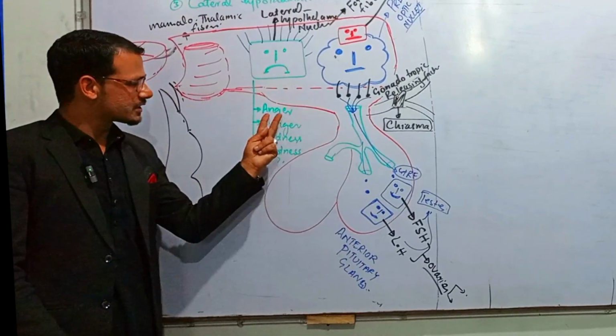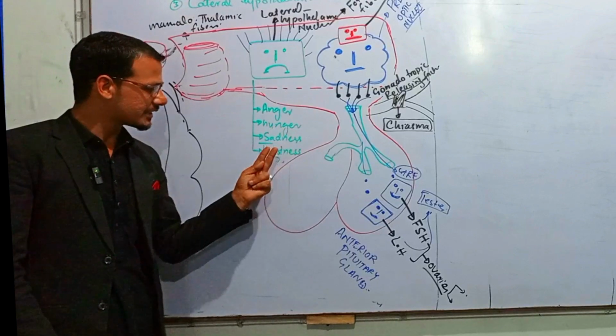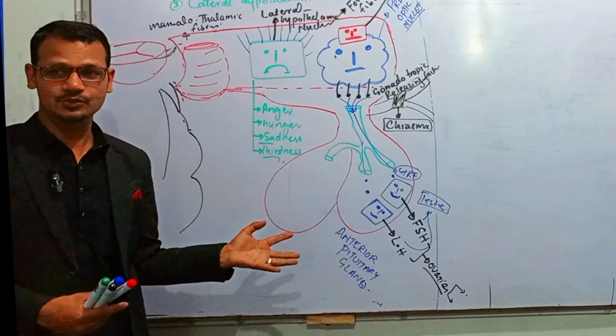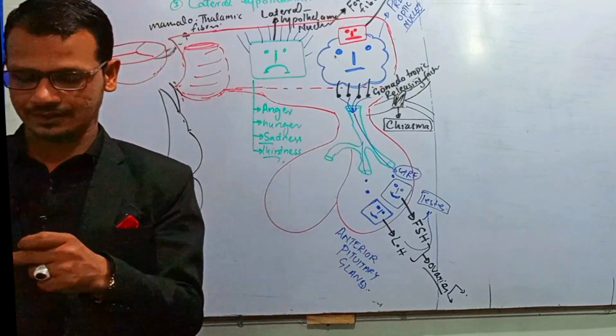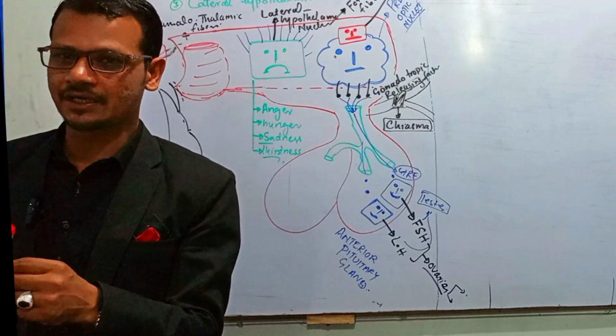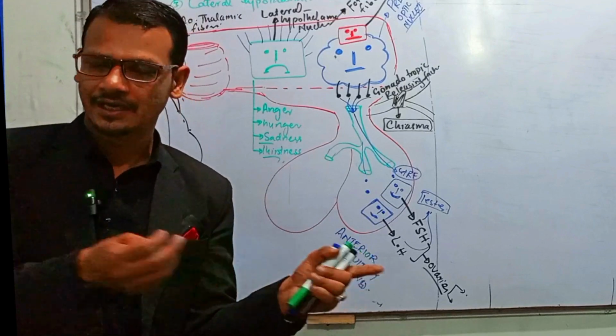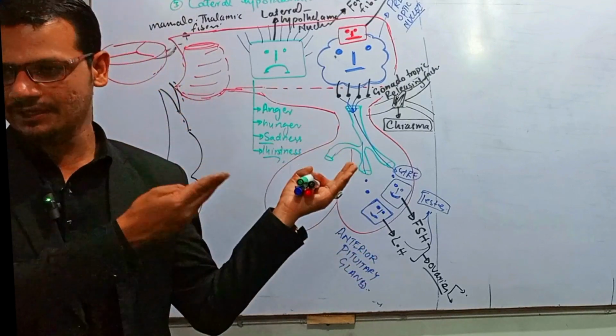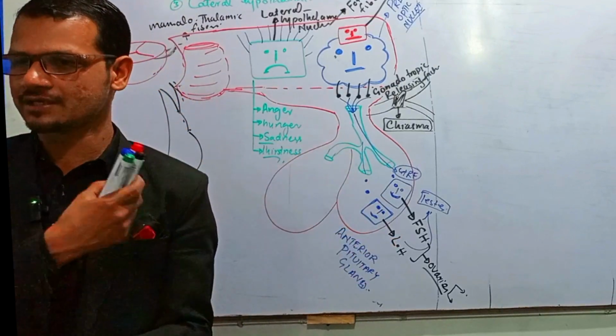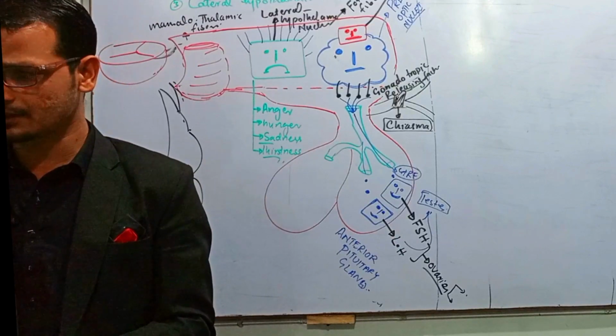So this nucleus is responsible for anger, hunger, sadness, thirst, and that is why we say that all the feelings of the body are controlled by the hypothalamus, and the lateral hypothalamic nucleus is responsible for these things.